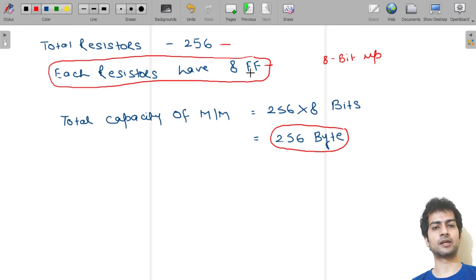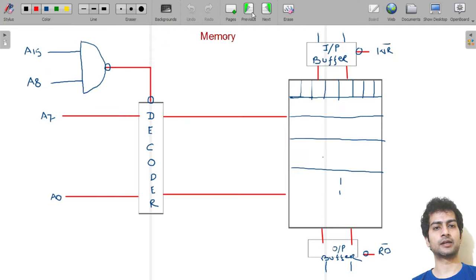This is how we can calculate the capacity of memory, considering the number of registers and the number of flip-flops available in it.